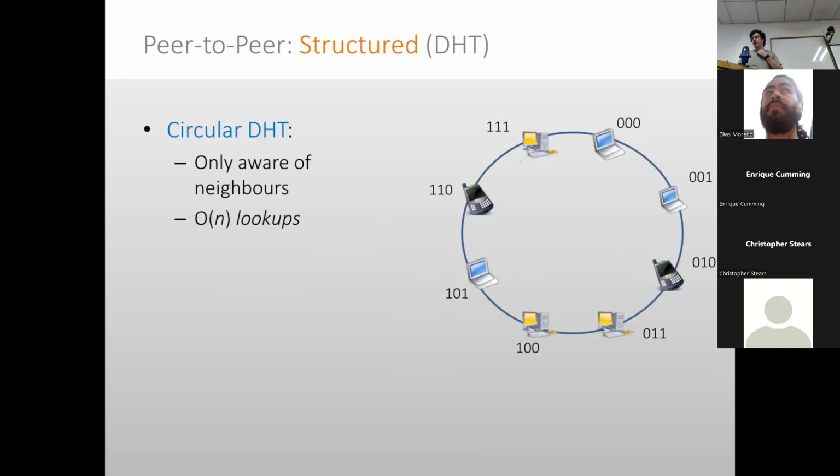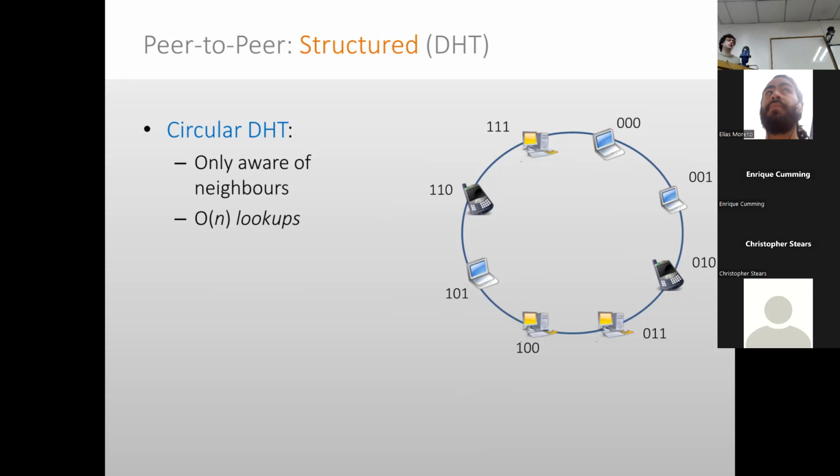A typical way would be to create a circular DHT. We don't want all of the neighbors to have to know all of the neighbors, but somehow we create a circular DHT so that each peer or each set of peers is aware of whoever is in their hash space and their neighbors, those peers that share the same hash range and the neighbors, the ones that are one off, let's say.